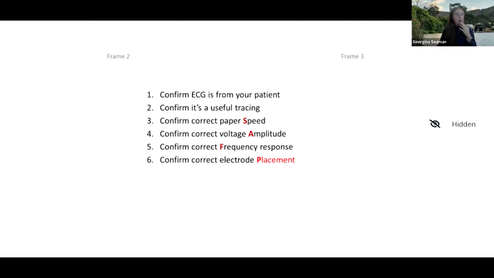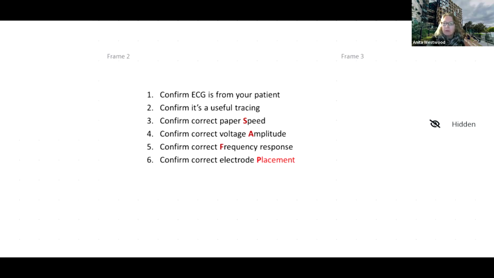What about our frequency? What should it be? Why is it important?